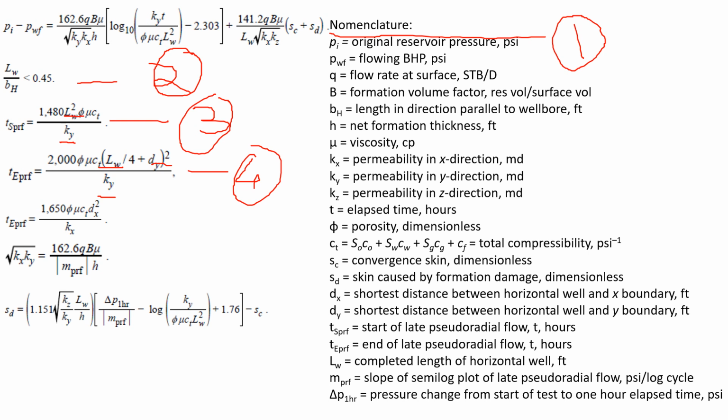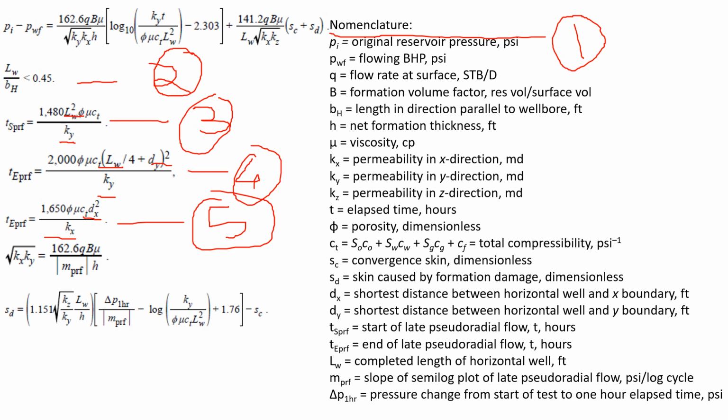This is the time at which horizontal boundary effects first appear. The other equation gives a time at which the radial flow pattern begins to be distorted, depending on the shortest distance dx from the well to a boundary perpendicular to the wellbore and on Kx, the permeability in that direction, which is given by equation 5.